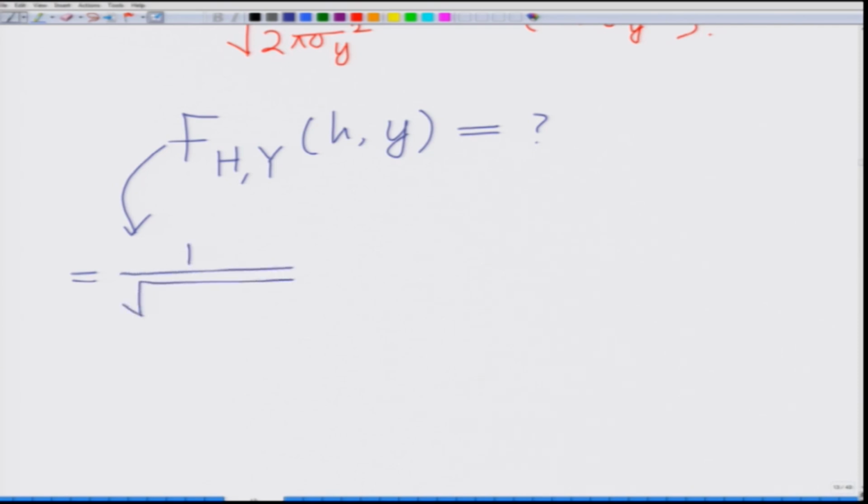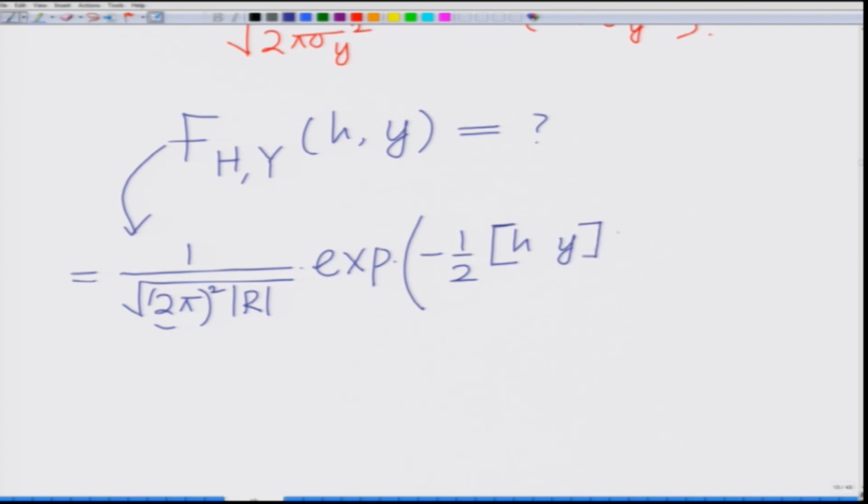This is given as 1 over square root of 2 pi square determinant of R, times exp of minus half the row vector h y times R inverse times the column vector h y. This is basically the joint probability density function.